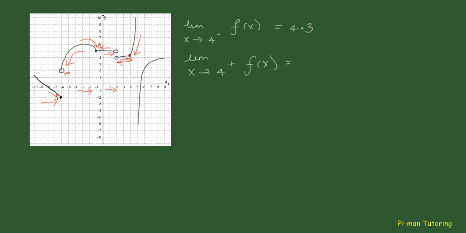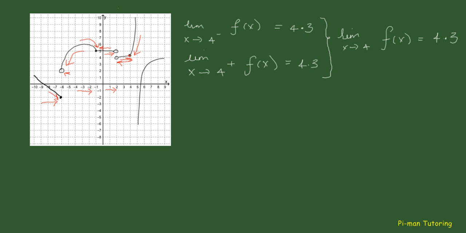And so the limit is indeed still 4.3. And therefore, even though the function itself does not exist at x equals 4, the limit as x tends to 4 of f of x is 4.3. So a limit can exist even though the function does not exist at that point.